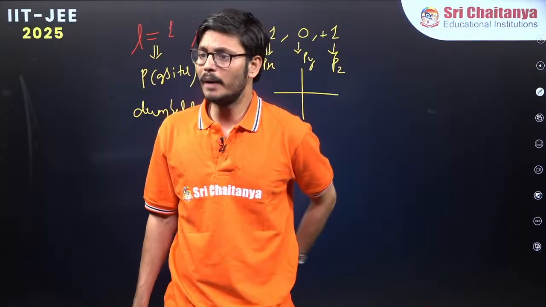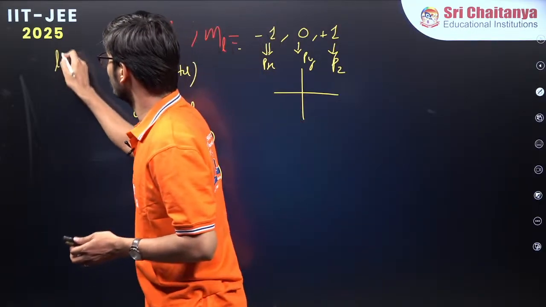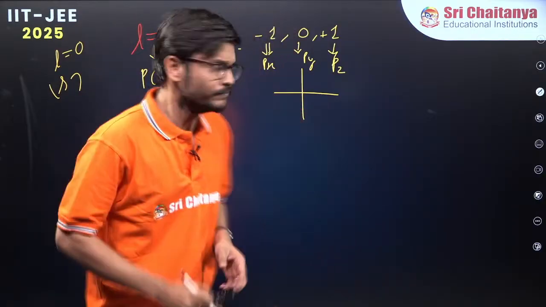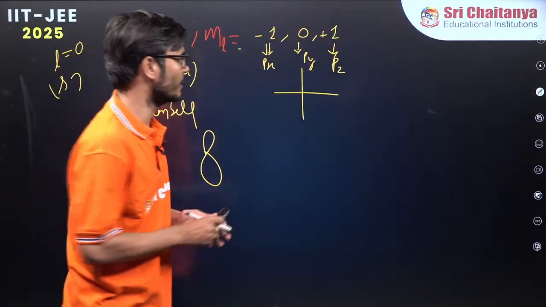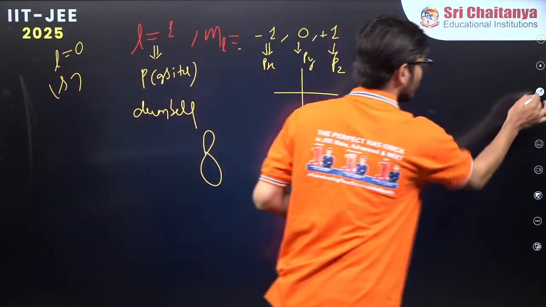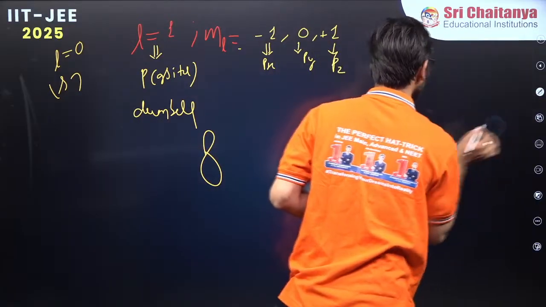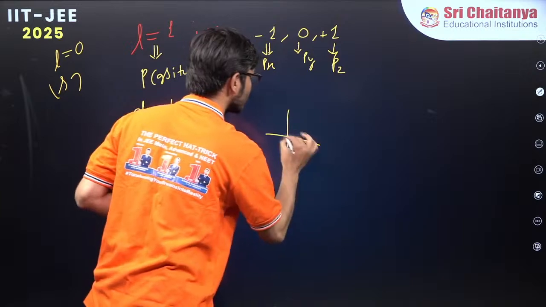L equal to 0 means S orbital. L equal to 1 means P orbital. So for the ML values, this is Px, Py and Pz. Sir, how are we going to represent the Px orbital then? Okay, let us see. 3 axes, 3 orientations.